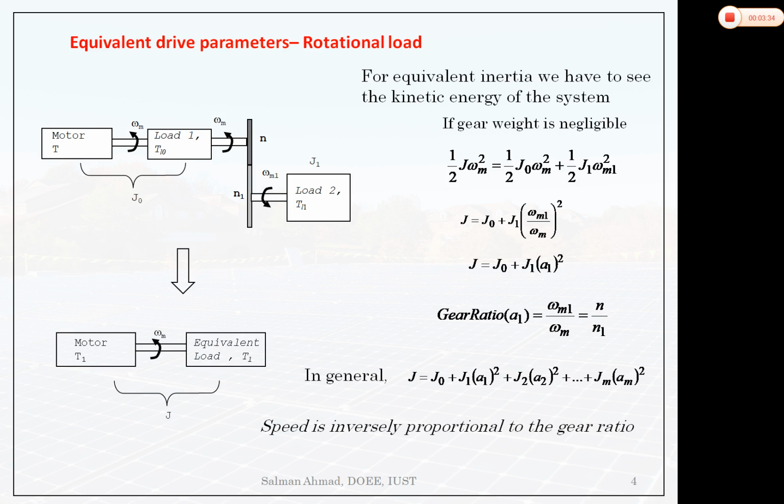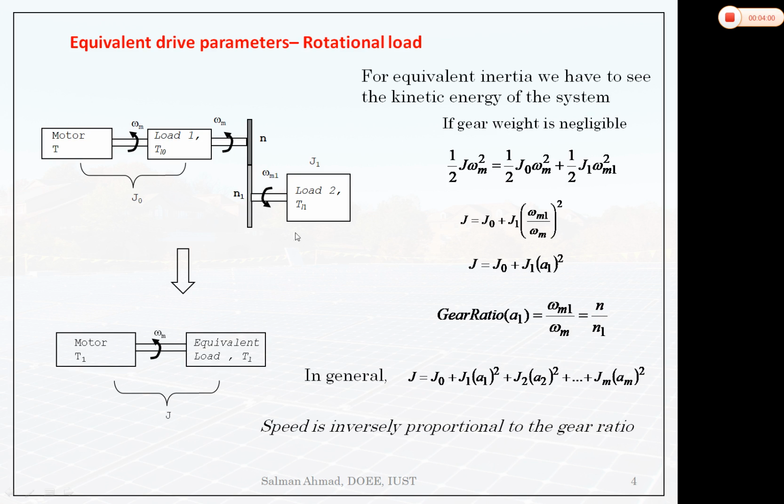As you can see here, this is a problem where we have rotational loads only. One load is directly coupled with the motor, while the other load 2 is connected to the motor through some kind of gear. The gear has n number of teeth on the motor side, whereas n1 number of teeth on the load side.